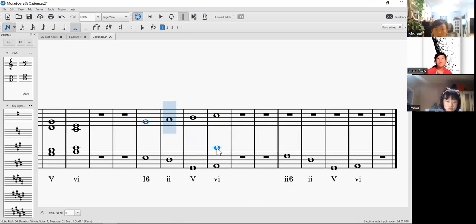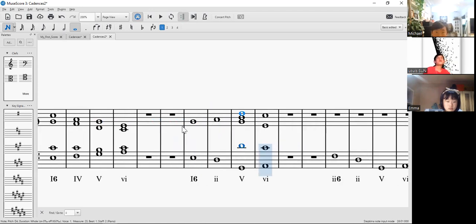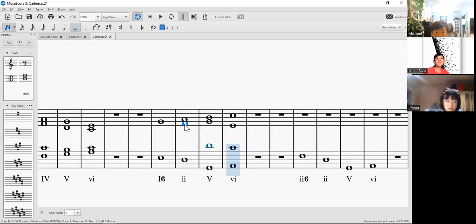Let's work backwards. What am I doing wrong? Oh no, it's fine. Okay. D, C, and that G would be sung by both voices. Okay, let's listen to the other sounds.